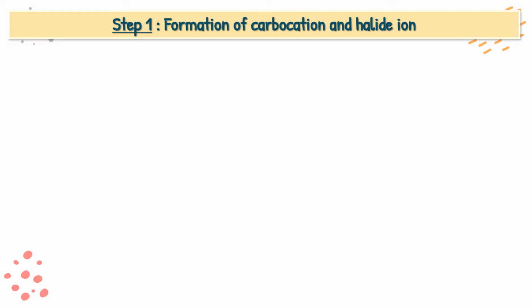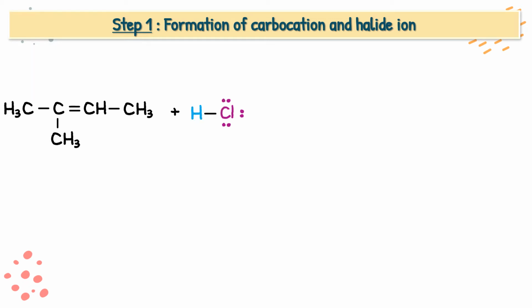Alright, step 1, formation of carbocation and halide ion. So kita punya alkene dekat sini and also our hydrogen chloride. Okay, jadi our hydrogen chloride, kita akan lukis the lone pairs on the chlorine over here. And then we're going to start the reaction. Okay, so apa yang kita akan buat? Kita akan labelkan.